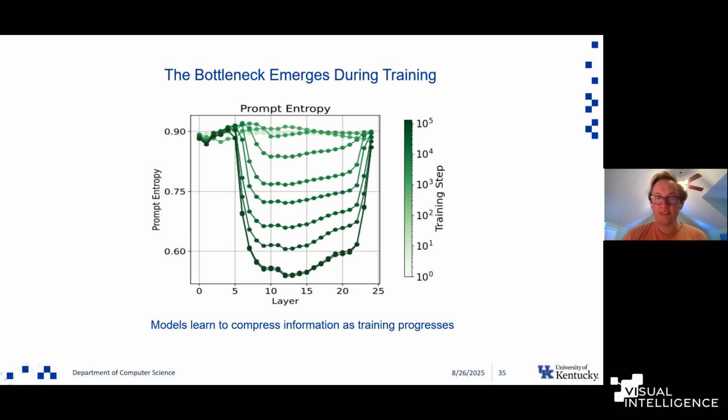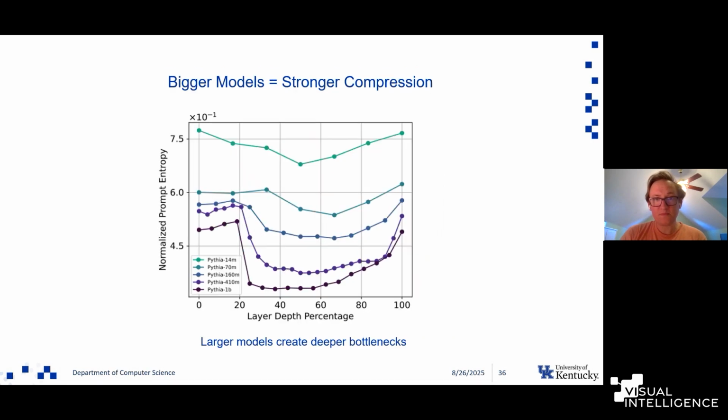And again, nothing in the loss function is telling this to occur. One last viewpoint we'll look at is that bigger models lead to stronger compression in intermediate layers. Pythia, alongside all of its training checkpoints, has many different scales. They go from 14 million parameters, I think all the way up to 7 billion parameters, but we show here from 14 million up to 1 billion.